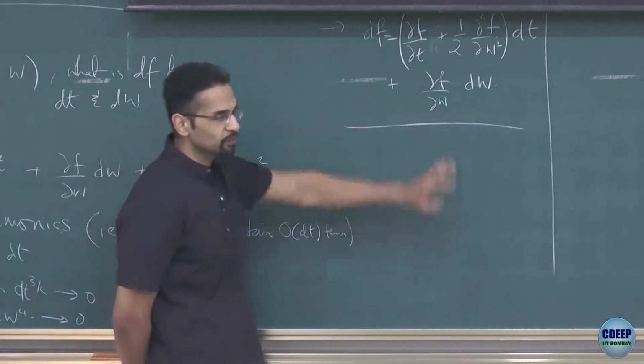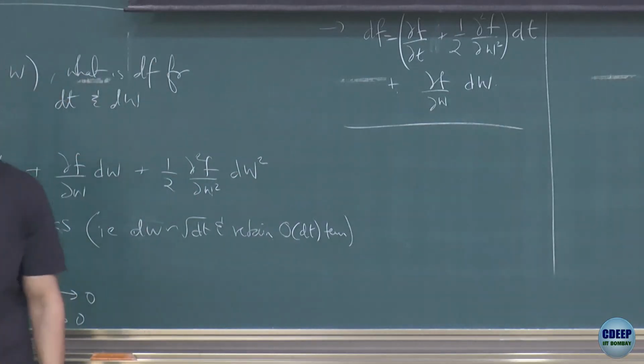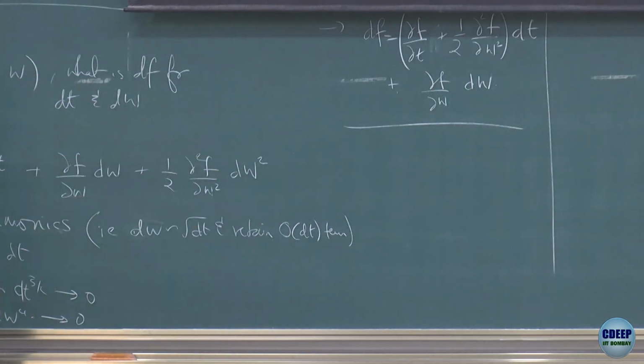So this is the equivalent of Taylor series in Ito's calculus. You have that extra term from the second order dependence of the function on the Wiener process.